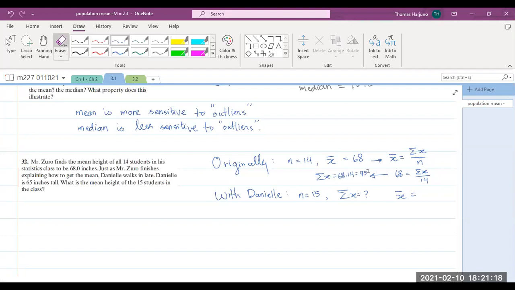Once Danielle comes in, the total height will be 952 plus the height of Danielle, which is 65. That will be 1017, my bad. So the mean will be 1017 over 15 now.